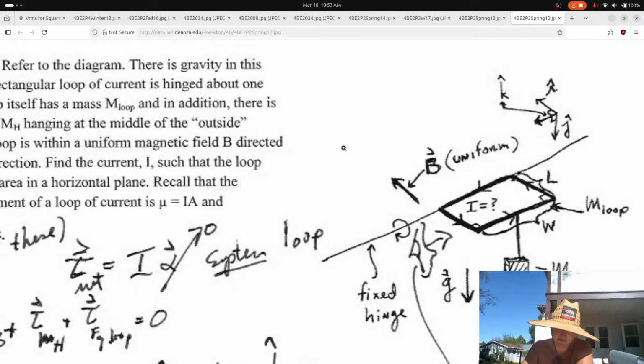Okay, so we're going to get LMG minus L m loop G over 2. And this is minus. Right, so let's make these plus. Or, no, let's keep them minus.